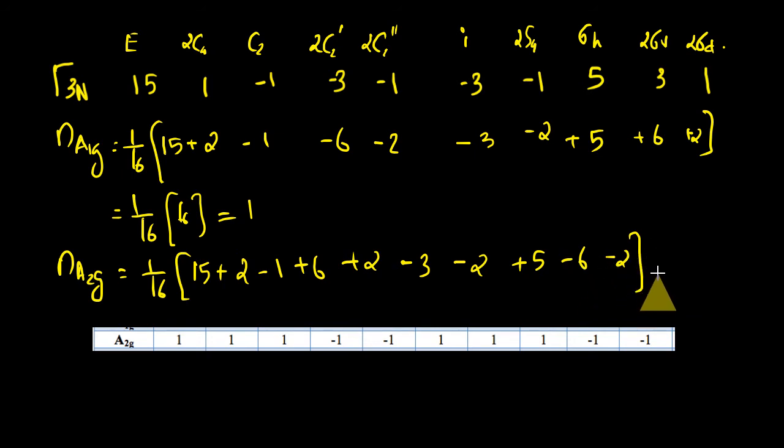So 16 by 16 is equal to 1. So n A2g is also equal to 1.